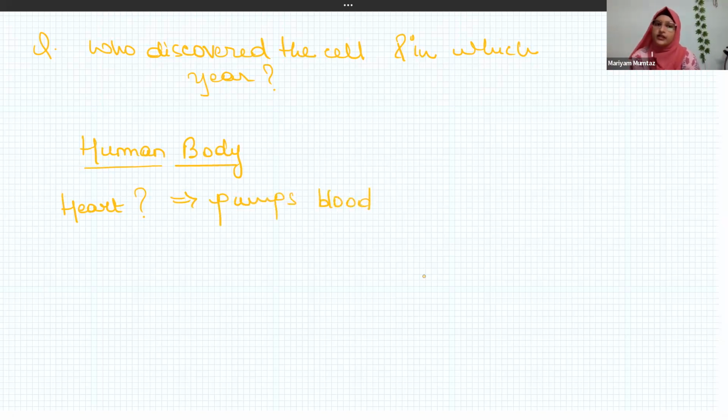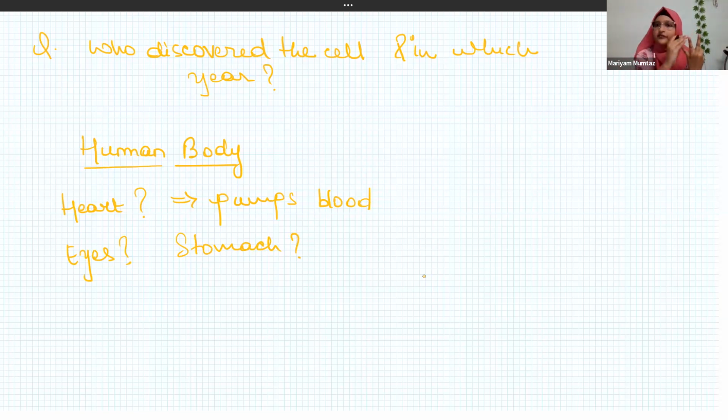Now, do you know the function of your eyes? To see. Rima, you also answer. Now, do you know the function of your stomach? To digest. Very good. So here we see heart, eyes, and stomach.